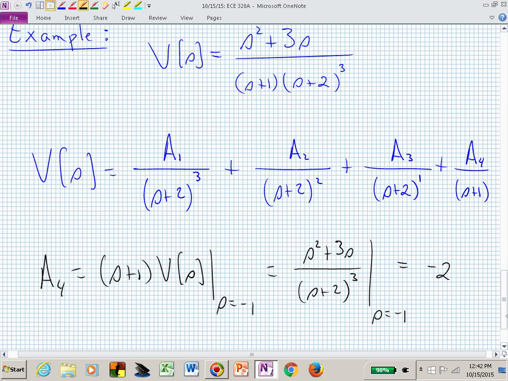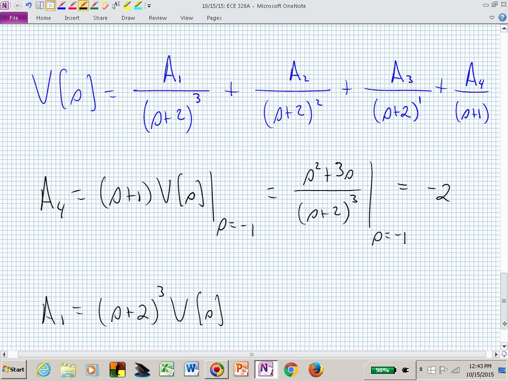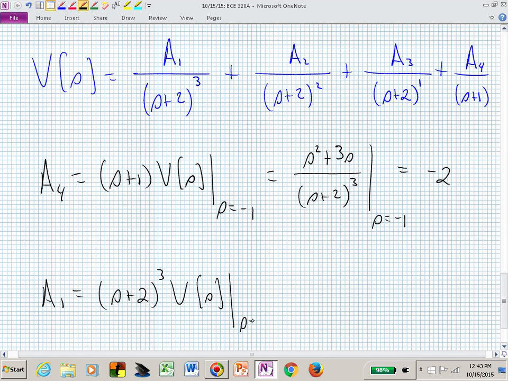Then A1 we can do exactly the same way because that's associated with the highest power of the repeated root. It's just now we need to make sure that we evaluate that at the root itself, which is minus 2.